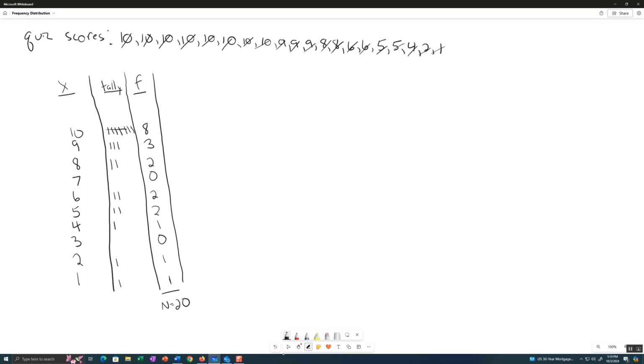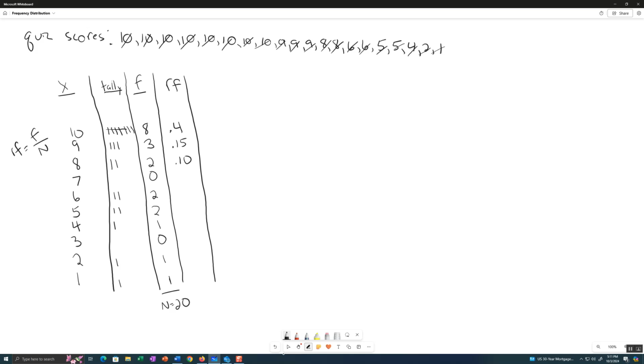Then I'm going to want the relative frequency next. The relative frequency, RF, is equal to F divided by N, as a decimal. So 8 over 20 is 4 out of 10, which is 0.4. Doesn't matter how you fill this out. This is 0.15.